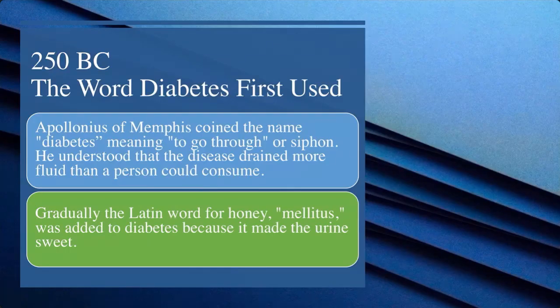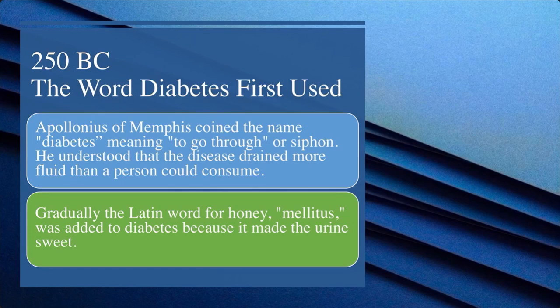But the first time the word diabetes was used was in 250 BC by Apollonius of Memphis, who coined the name diabetes, meaning to go through or siphon. He understood that the disease drained more fluid than a person could consume, which mainly means polyuria or excessive urination.